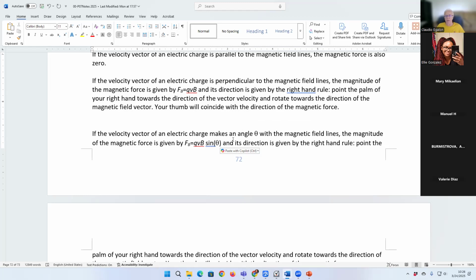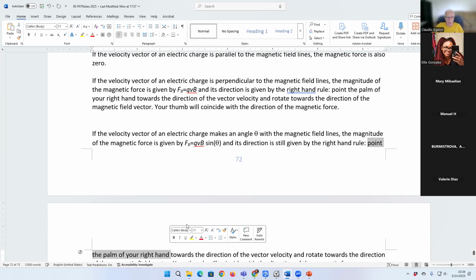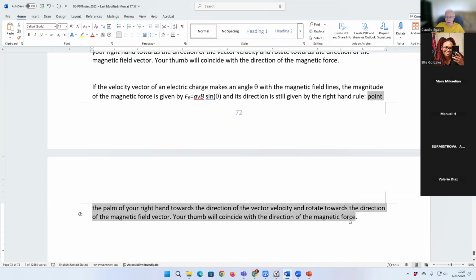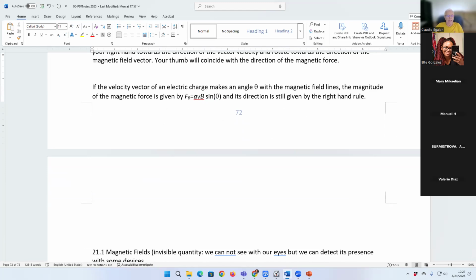And its direction is still given by the right hand rule. Like that.